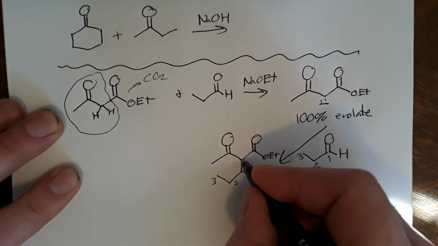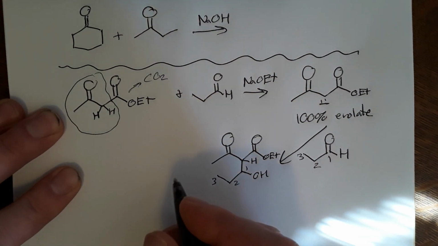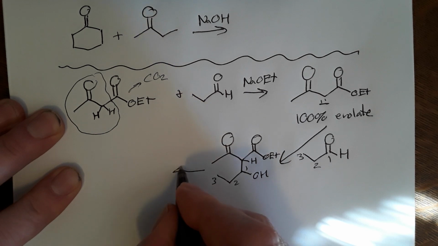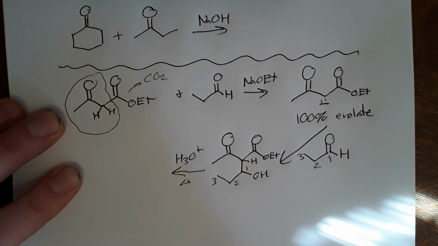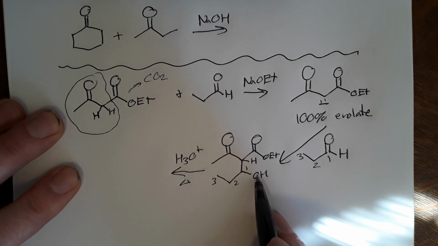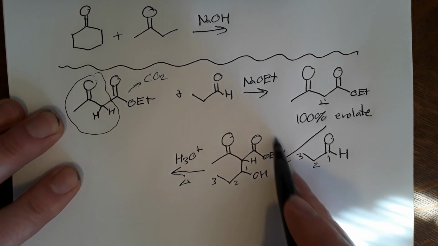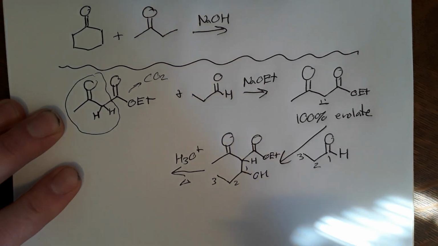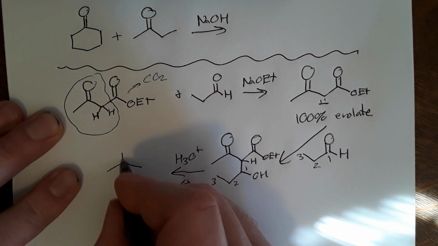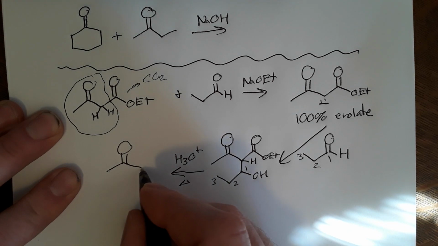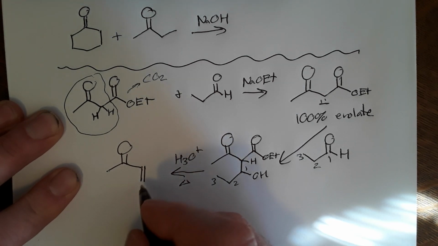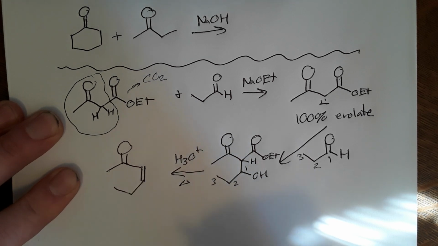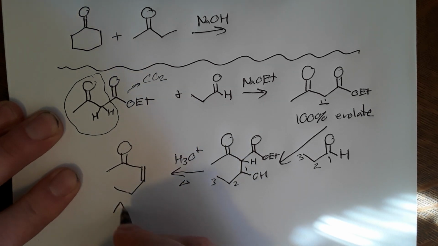So here's our initial product. And then if we add H3O+ to it and heat, then we lose a molecule of water here. We convert this to a carboxylic acid and decarboxylate it, and we get the one product that we are interested in, with the double bond here and the chain. So this is the AB1 product.